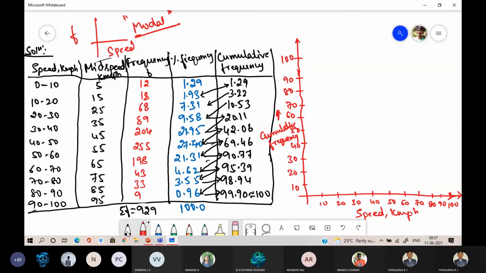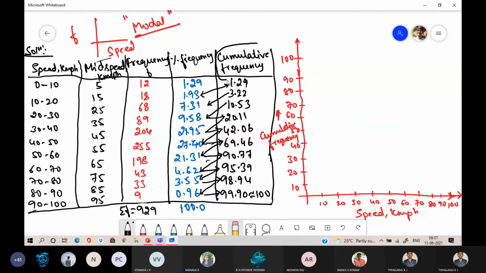Is it clear? Yes, sir. Now we will plot the values.